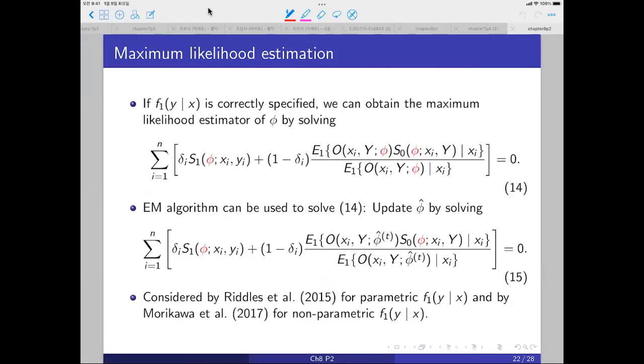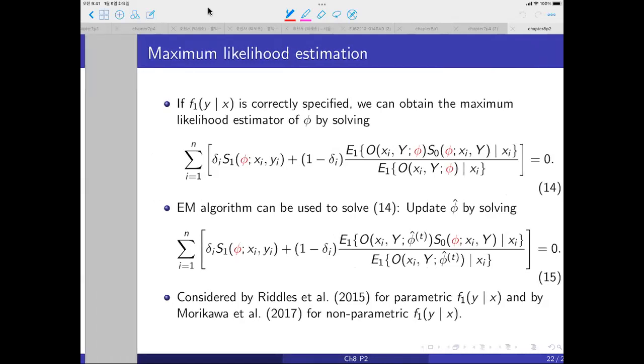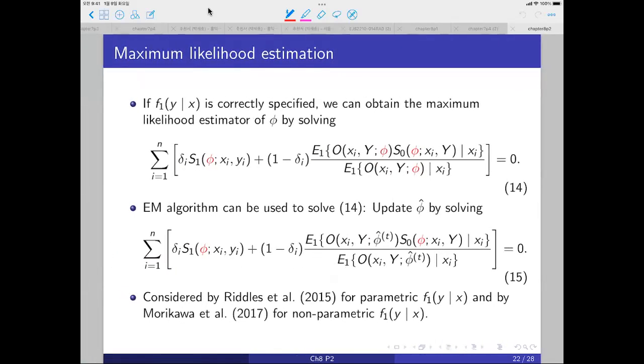But because you have a dependence on phi in many places, you can actually do an EM algorithm. One of the students here was able to write a paper using a parametric model, and then later Fushiki Morikawa extended it to nonparametric regression.